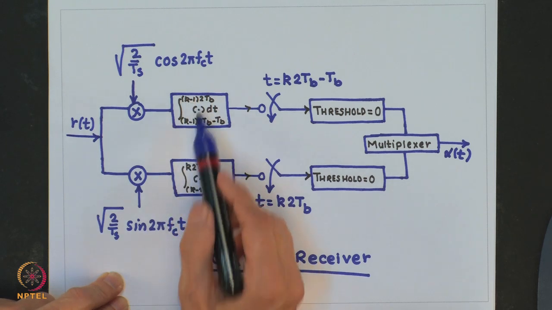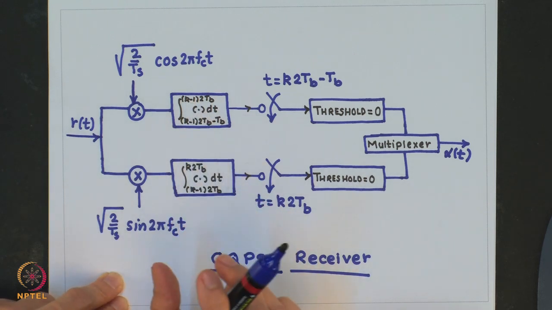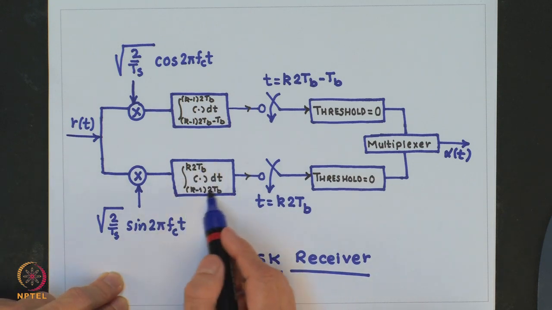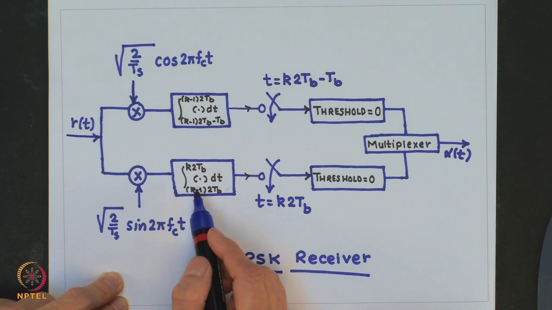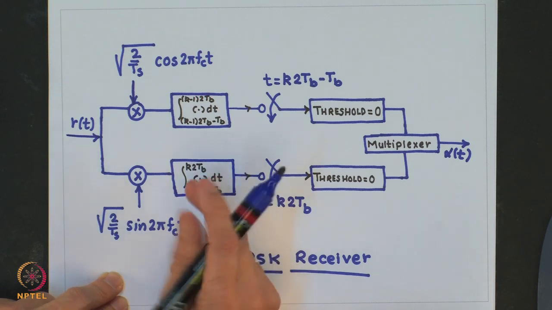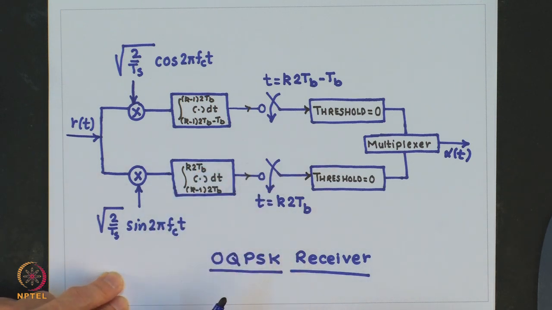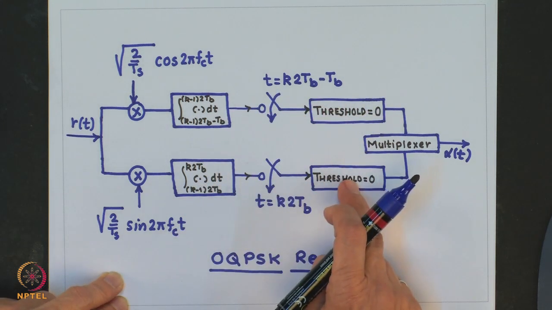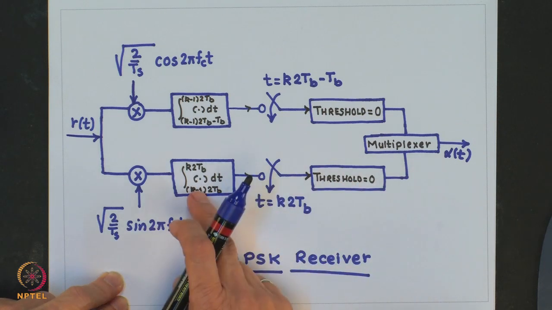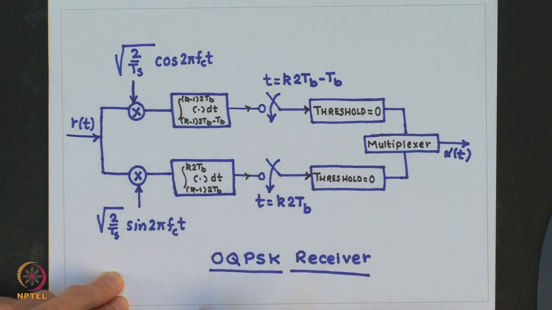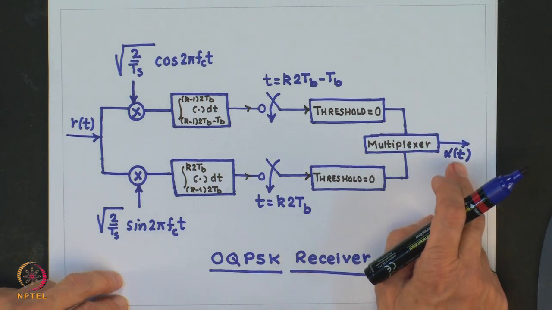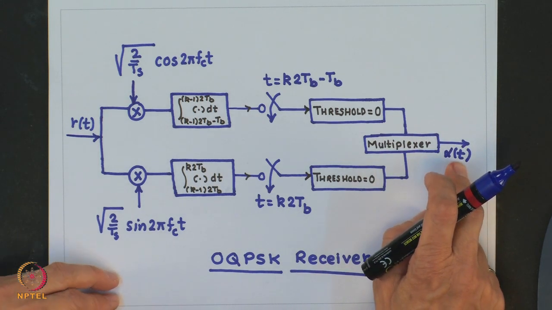Both the integrations are over 2 TB duration, but this integration is offset by TB duration, and then each of these decides the bit which has been transmitted, and then it is multiplexed here, and then we get the final signal alpha t.